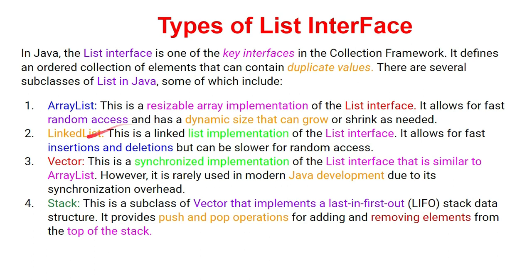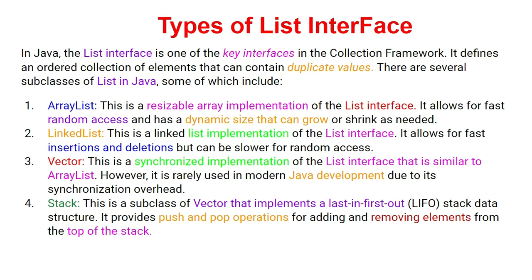But if you want to insert and delete data, if we have to do those operations more, then we can go with the linked list. But whenever we want random access to data, we can go with the array list. So this is the one difference I have shown you as of now. Later I will give you many more differences and many things you can speak in front of the interviewer, but as of now that is enough.